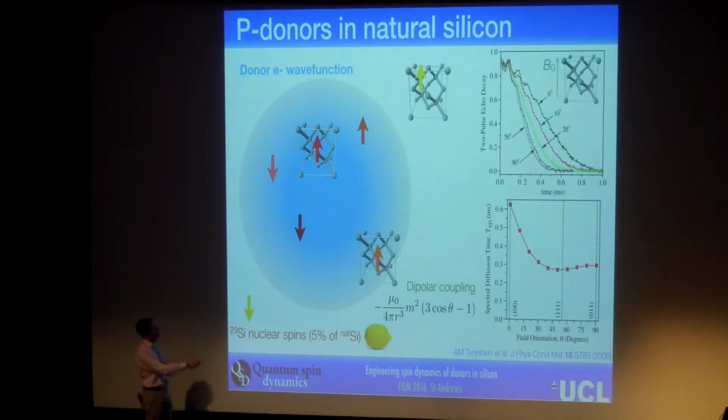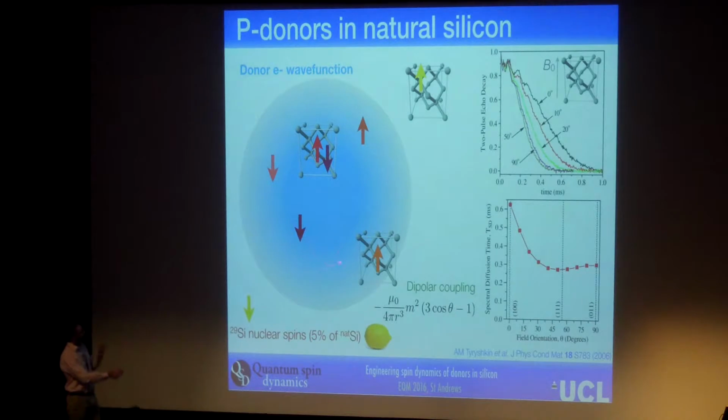Now that goes as 1/r³, so actually, nuclear spins that are more than one lattice site apart interact too weakly to drive decoherence. We only need to consider nuclear spins that are nearest neighbors because of this 1/r³ effect. And now you can begin to see why there's this orientation dependence. It's because of the angular dependence of the dipole coupling.